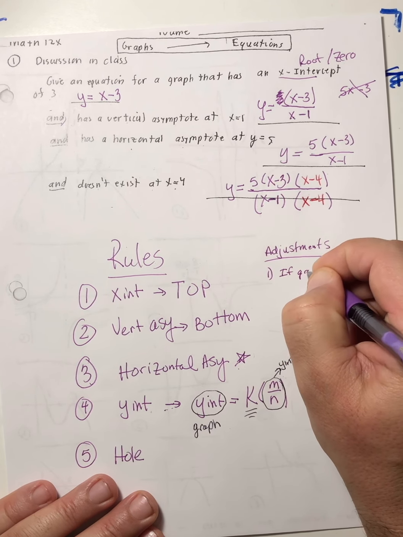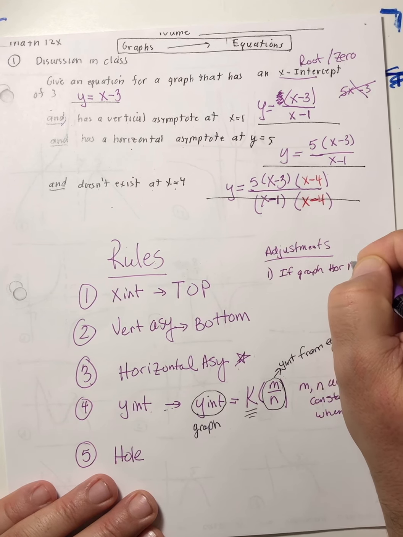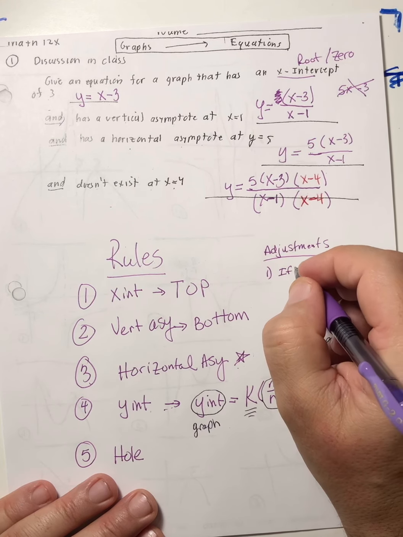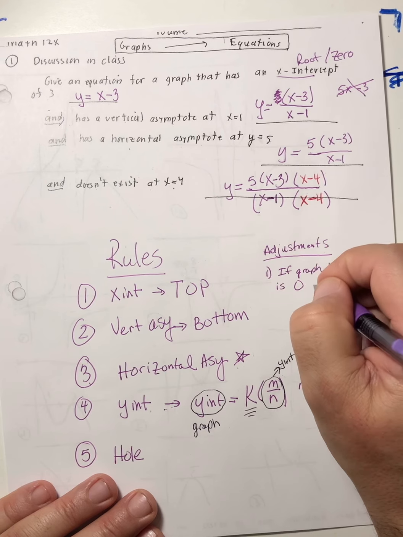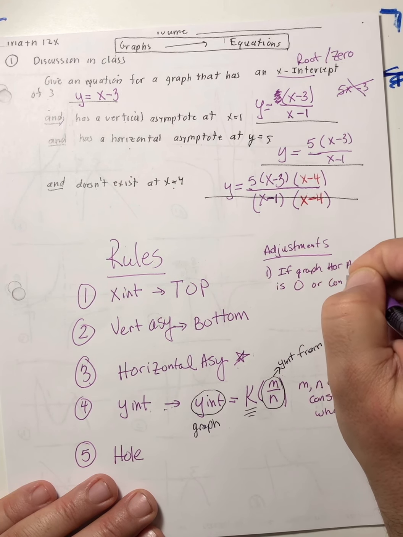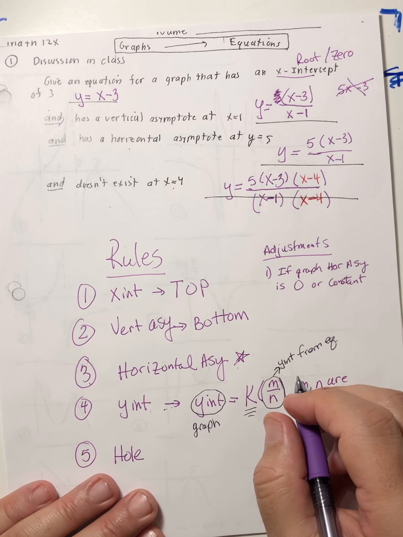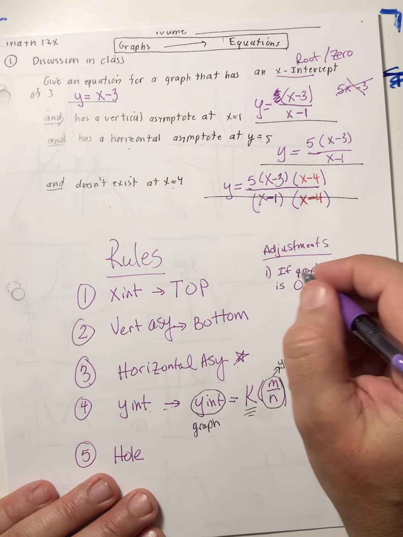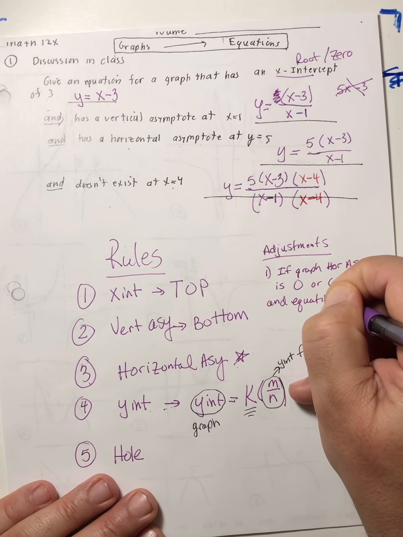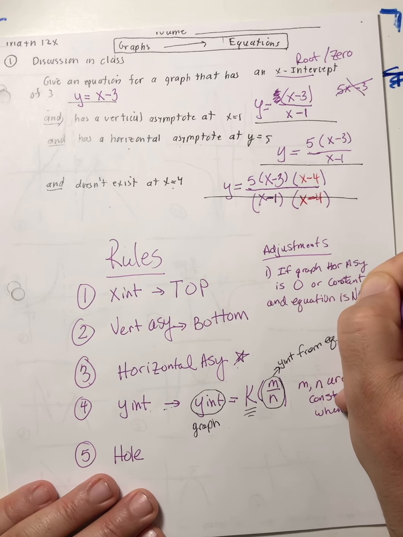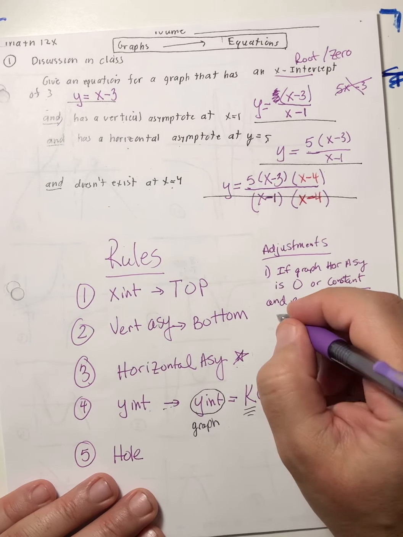Type one: if the graph's horizontal asymptote is 0 or a constant, and the equation's is not, then we have to adjust exponents.